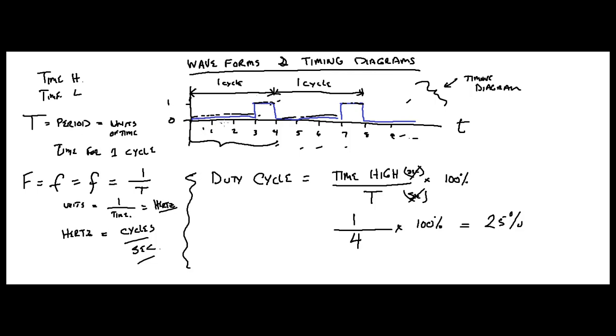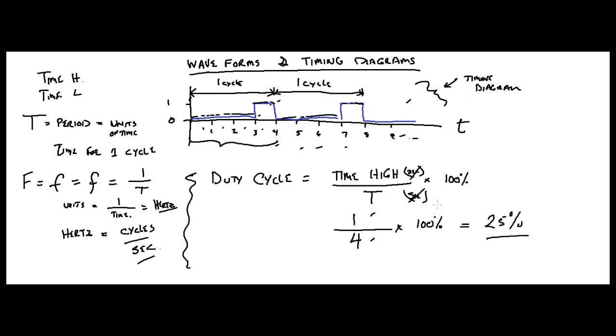Because you have 1, 2, 3, 4 time periods per cycle. So that's where you get each one of these numbers, and 1 divided by 4 is 0.25. 0.25 times 100% is equal to 25%. Alright?